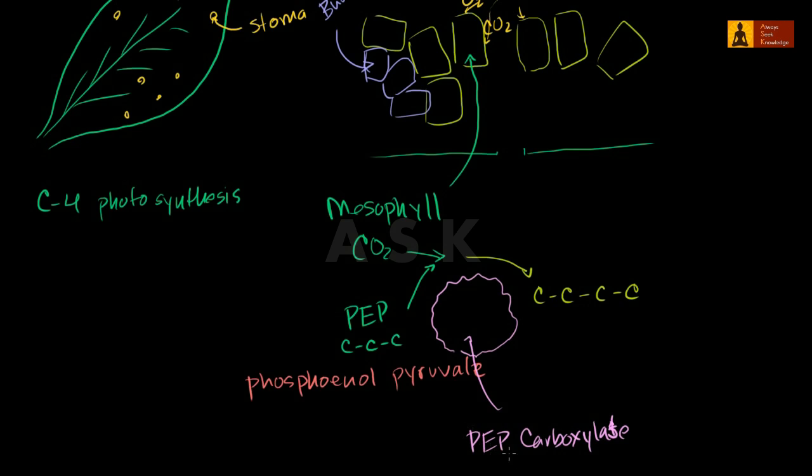What's special about PEP carboxylase, and why it's useful in preventing photorespiration, is that it can only fix carbon, not oxygen. So you can imagine this is occurring in the mesophyll cell. You have oxygen and carbon dioxide running around here, but only carbon dioxide can react with the PEP via the PEP carboxylase.